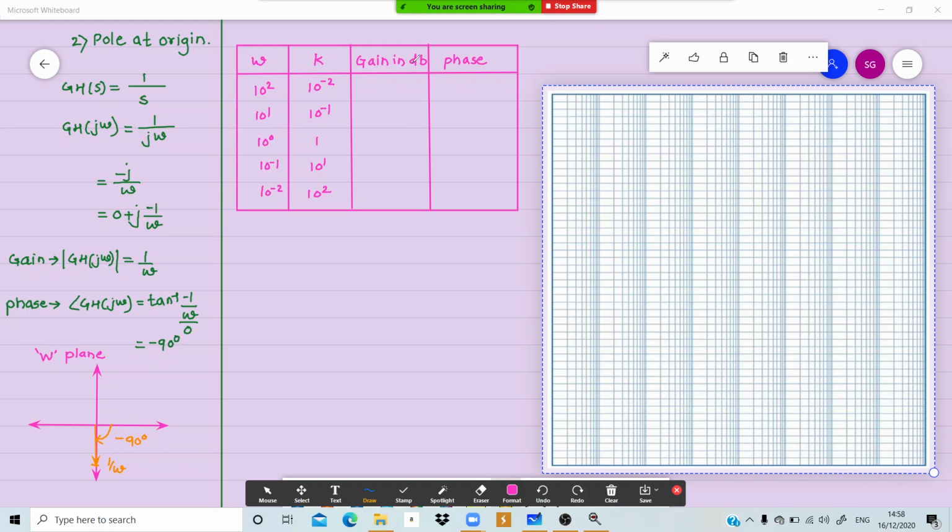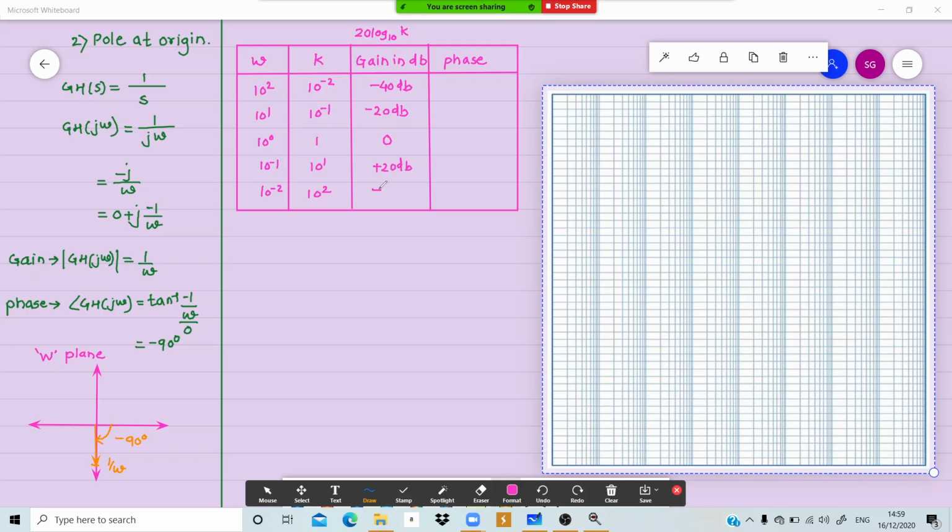Now gain of this in dB means 20 log to the base 10 of this K, whatever gain that you are getting, correct? So 20 log of 10 raised to minus 2, it is going to be minus 40 dB. 10 raised to minus 1, minus 20 dB. 10 raised to 0 means it is going to be 0, just 1 over here. 10 raised to 1 on this side is plus 20 dB.